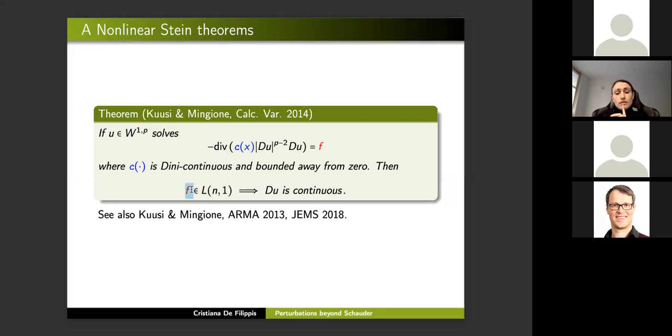Notice that the fact that f belongs to Ln1 means that this optimal condition, because of Cianchi's counterexample, for proving continuity or boundedness for the gradient of solutions to this equation does not depend on p. Here there is no sign of p in this condition.